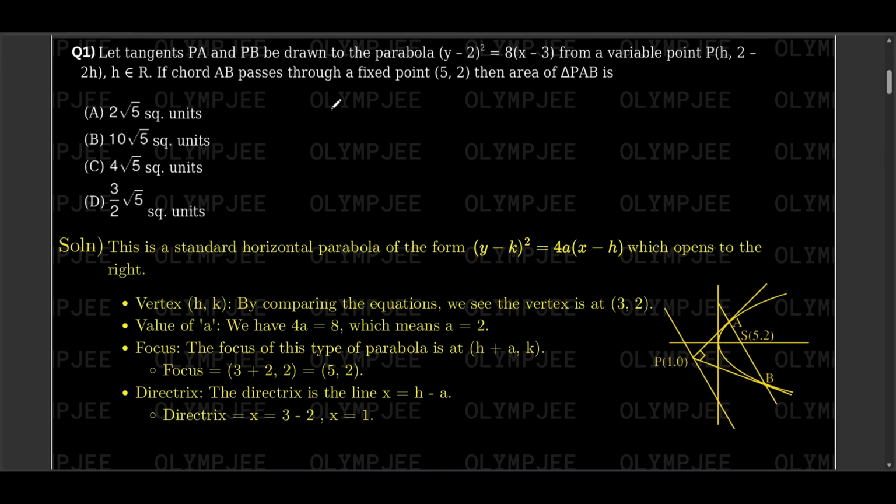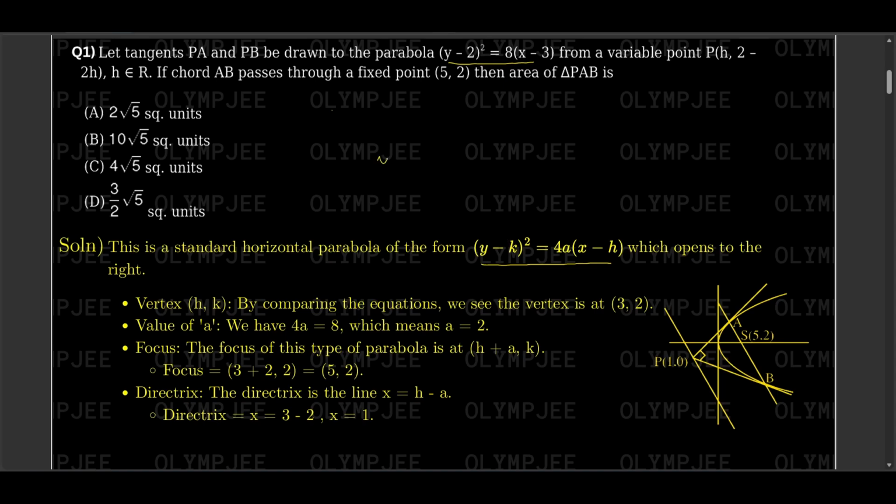First of all, we need to analyze the equation of the parabola that has been given. This is the equation and we have to compare it with the general form. The general form is (y minus k) whole square is equal to 4a times (x minus h), where the vertex is (h, k).